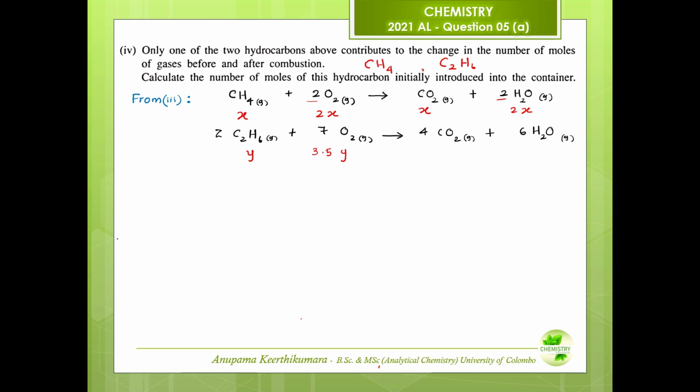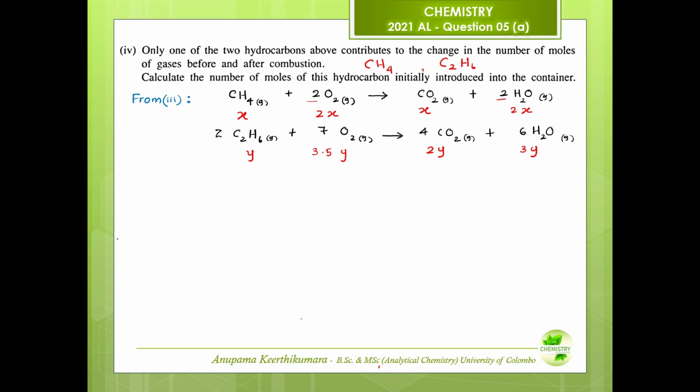Now move to the product side. C2H6 and carbon dioxide, it's 2:4, which means 1:2, so it's 2Y. Then water, H2O gas, again 1:3 stoichiometry, so 3Y moles of H2O gas was produced.